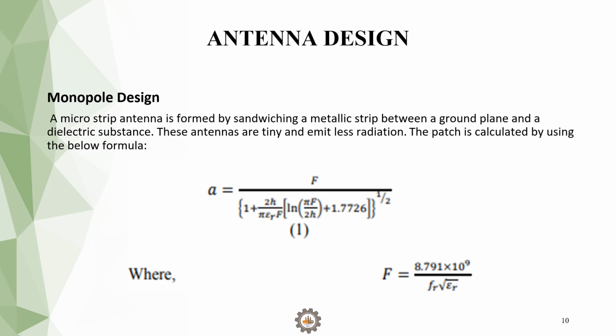F is computed as 8.791 × 10^9 / (fr × √εr), where fr is the operating frequency. Here we consider the operating frequency as 2.45 gigahertz.